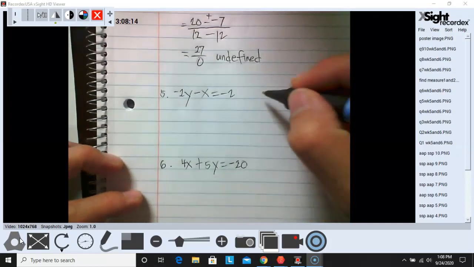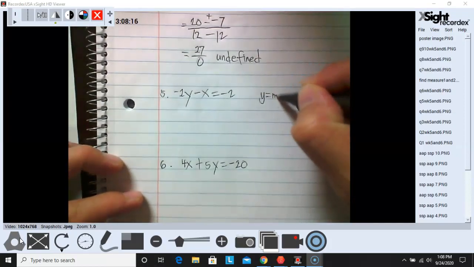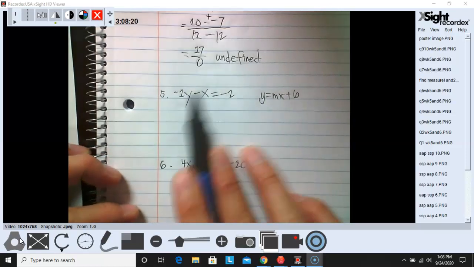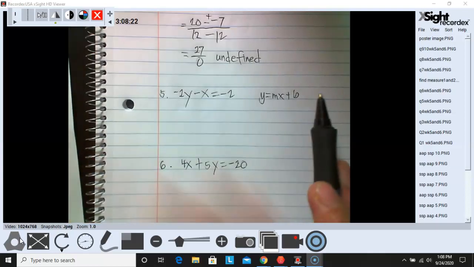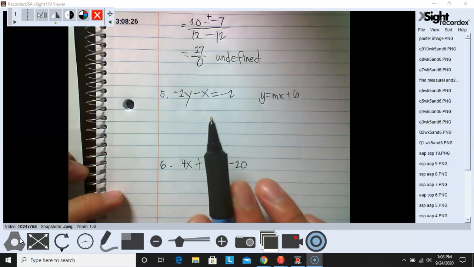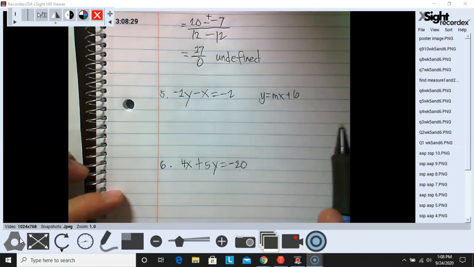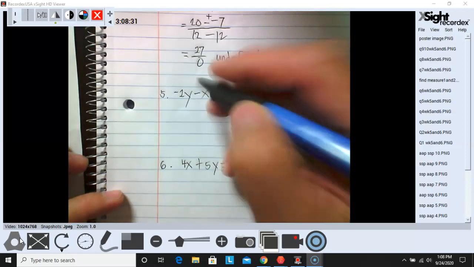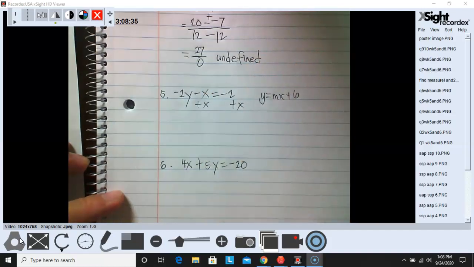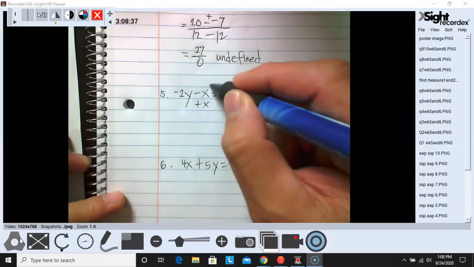Therefore, this is how it should look like. Y is equal to mx plus b. So we're going to rewrite this to this form. We're going to isolate the y on the left and then the x and the constant on the right. So for this one, plus x on both sides, this cancels out.